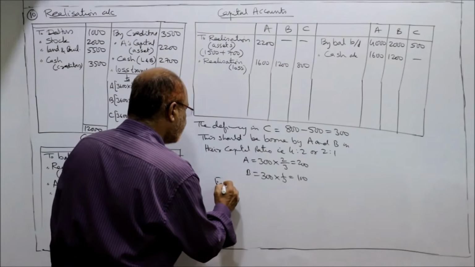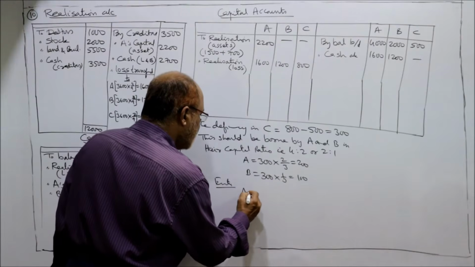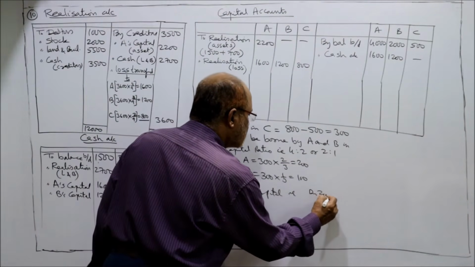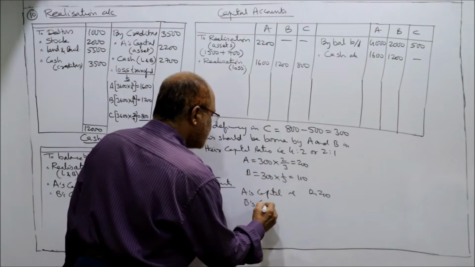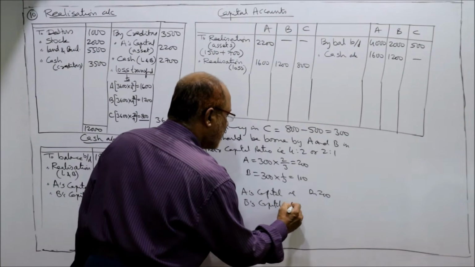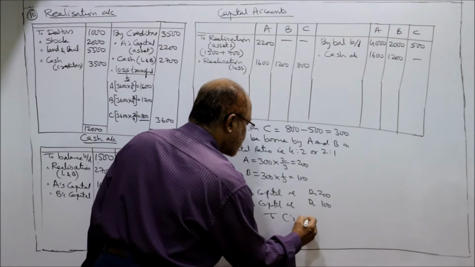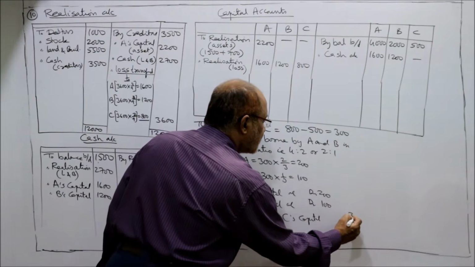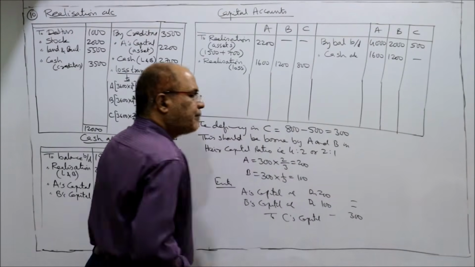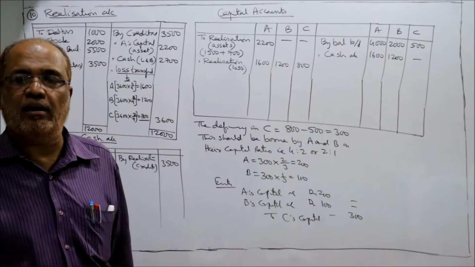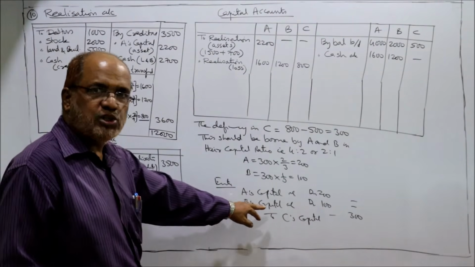Entry इसका क्या होगा? A's capital account debtor 200. B's capital account debtor 100 to C's capital 300. तो C के कैपिटल अकाउंट को 300 क्रेडिट कर दो, C का अकाउंट क्लोज हो जाएगा. राइट. सो नाउ विल पोस्ट दिस एंट्री.